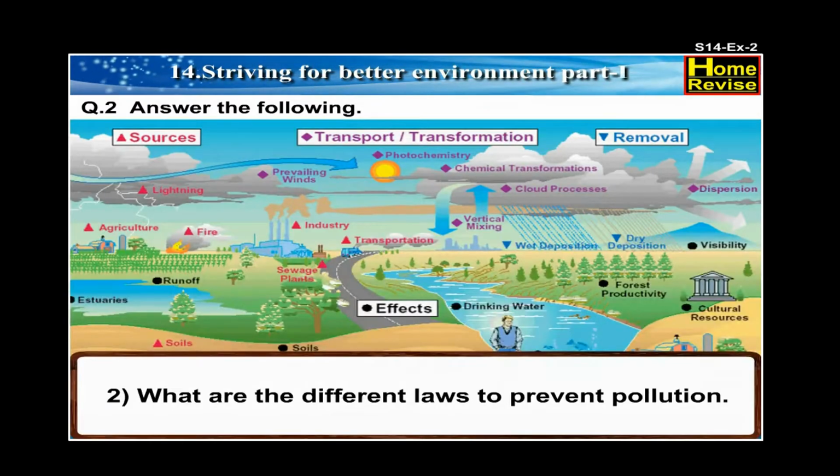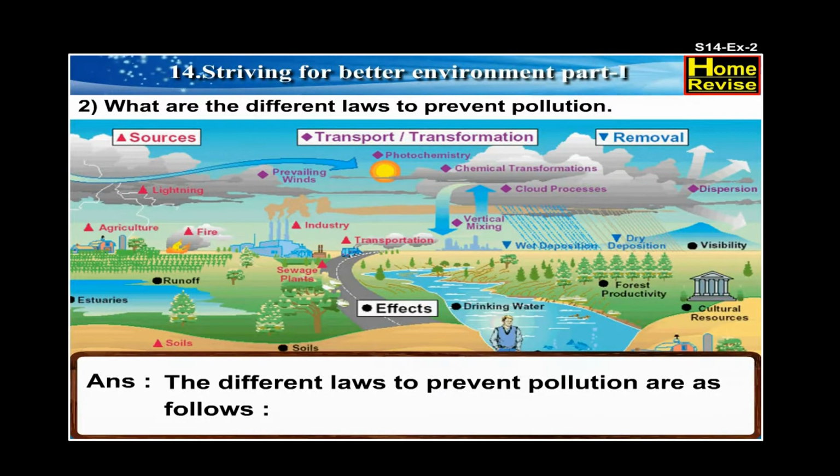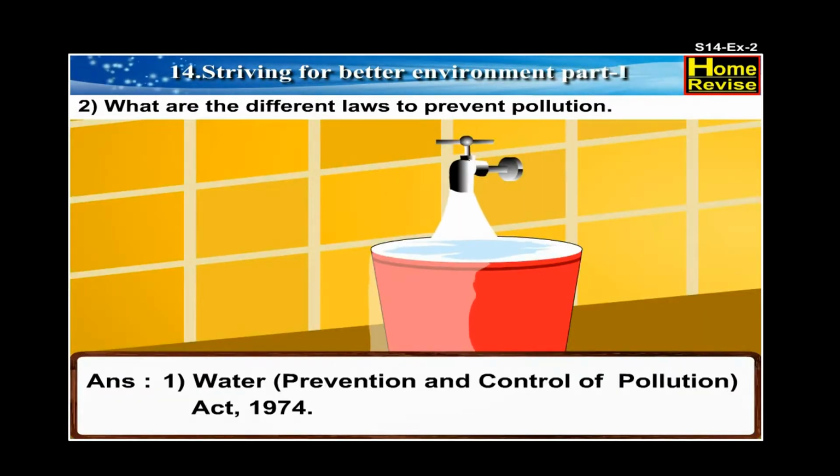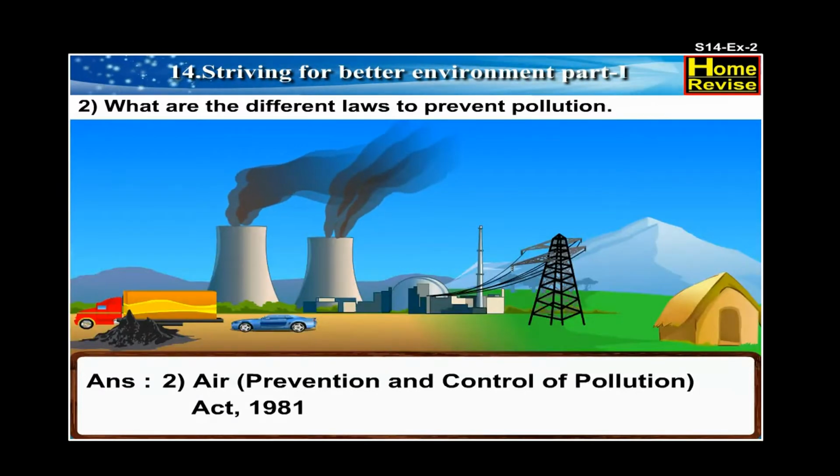Two. What are the different laws to prevent pollution? The answer is: the different laws to prevent pollution are as follows. Water Prevention and Control of Pollution Act, 1974. Air Prevention and Control of Pollution Act, 1981.